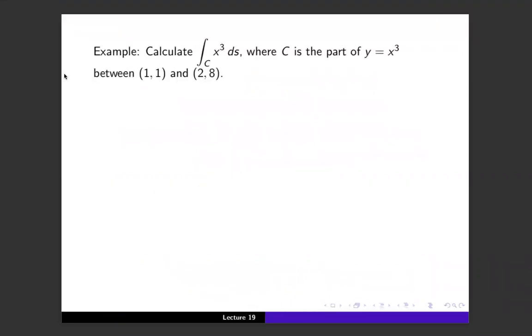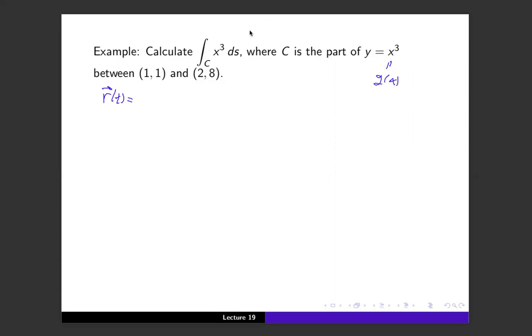But before we do that, here's an example. Calculate the integral over C of x cubed ds, where C is the part of y equals x cubed between (1, 1) and (2, 8). Now y equals some function of x. I don't want to call it f because we're going to call the inside integral f, so I'm going to call it g.